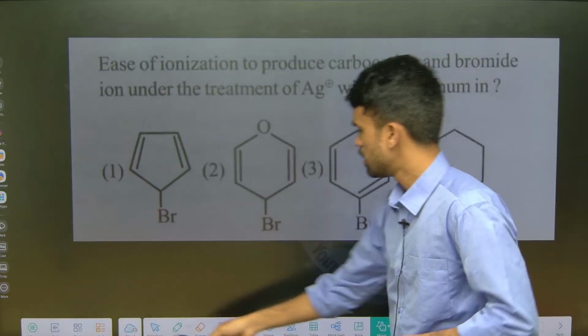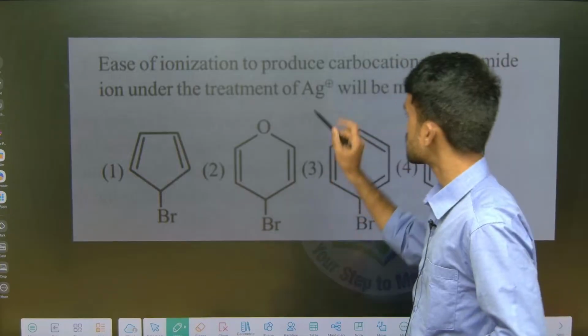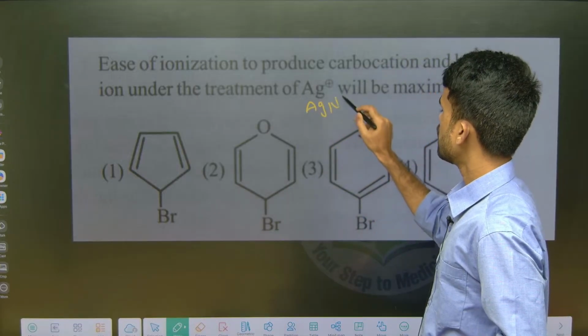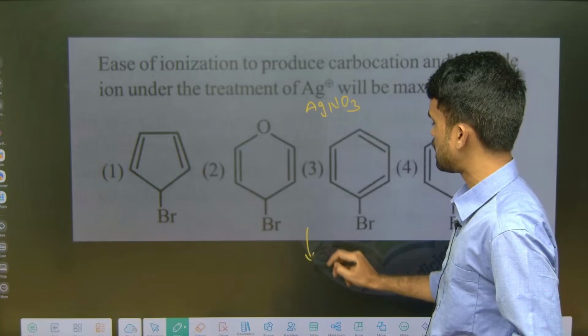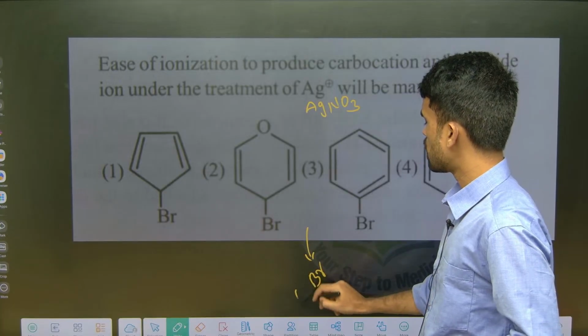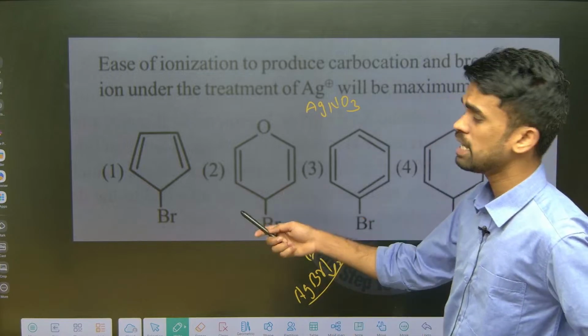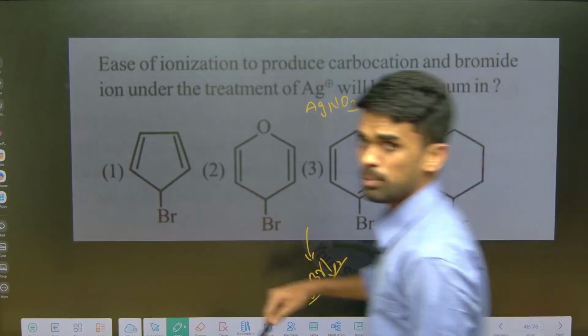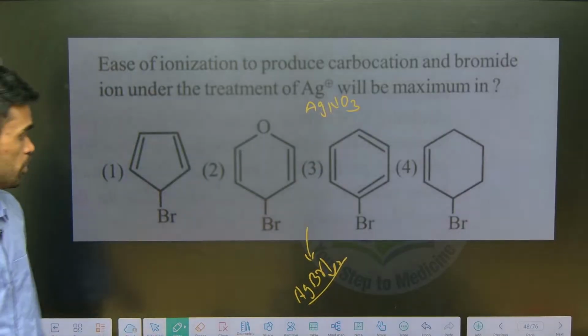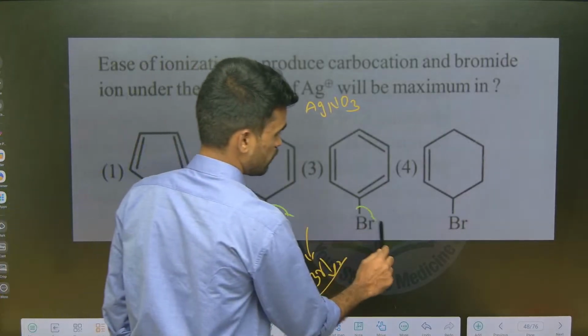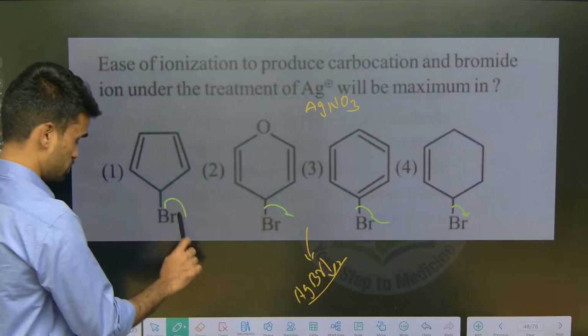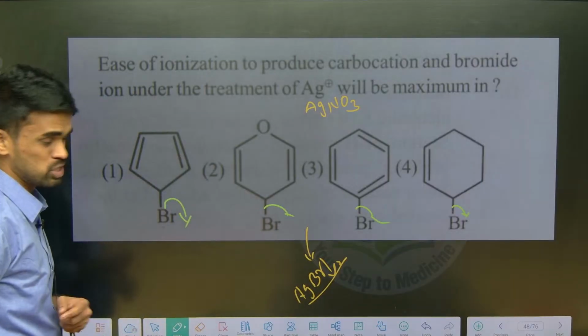They are asking in which case AgBr, a light pale yellow color precipitate, will be formed easily. If the carbocation formed by removal of the bromide ion is stable, then we will get the precipitate formation easily.